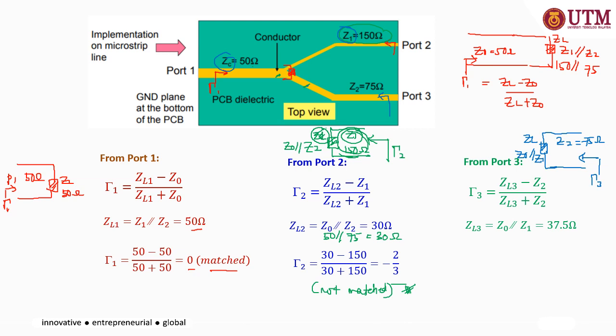Z0 is 50, Z1 is 150, so you get 37.5, then you get your gamma 3 equal to minus 1/3. Again, it is not matched. To get the system matched, you have to make sure that the ZL from each port is equivalent to the individual characteristic impedance of the lines, right? Then you can get a matched system.